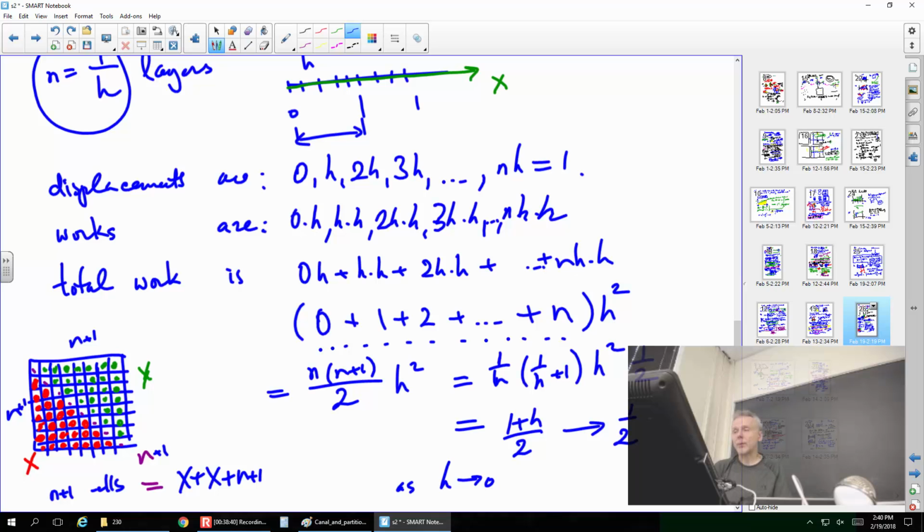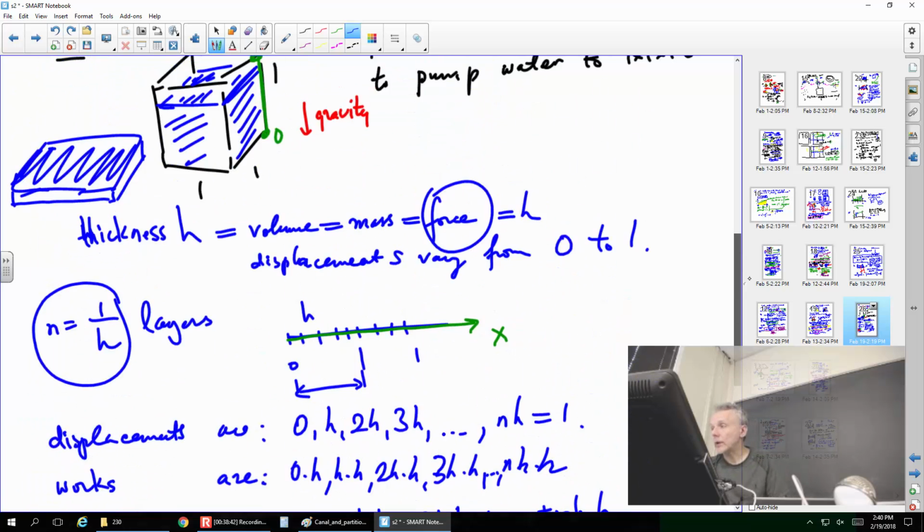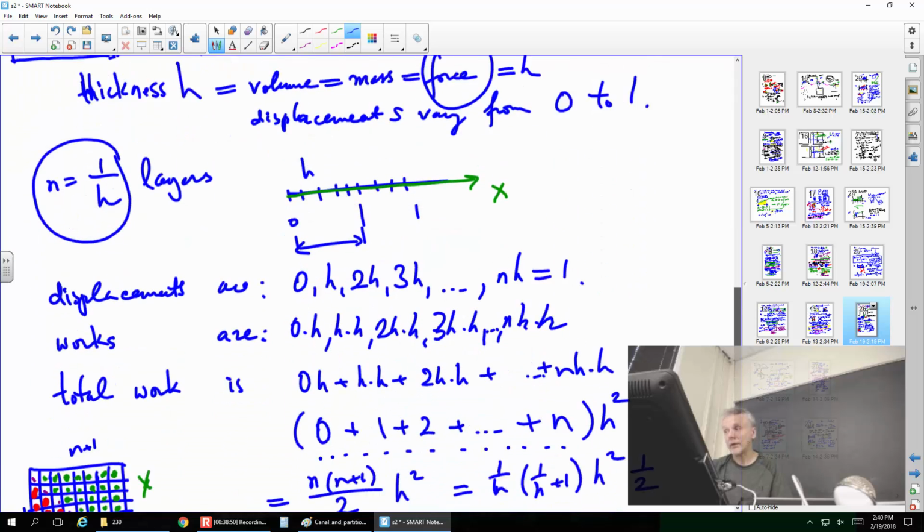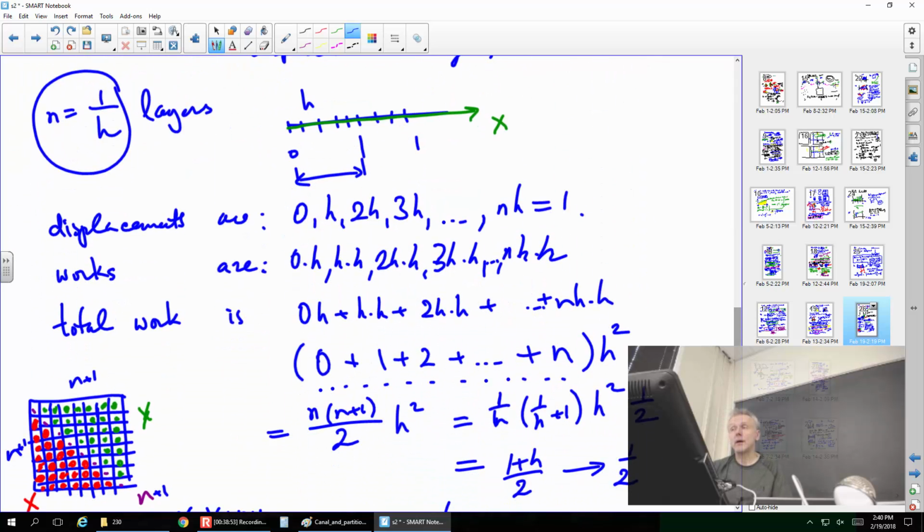Of how it happens. So once again, we are moving the layers of water one by one from the bottom to the top, and that's why the trip every time is different for each of these layers. And then I have n of those layers. The displacements, as you can see, do vary from 0 to h, to 1.